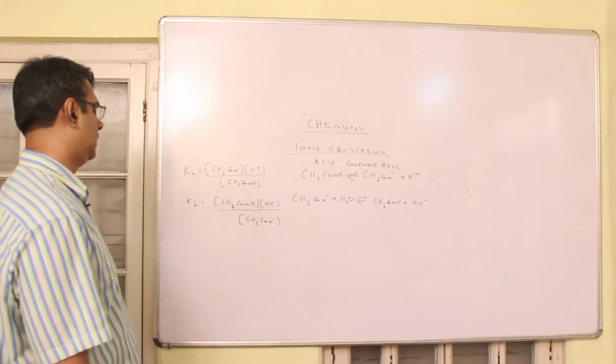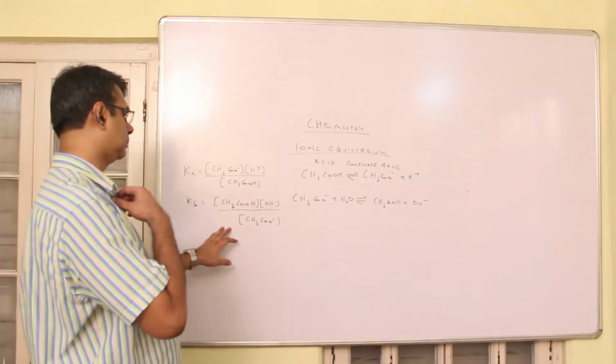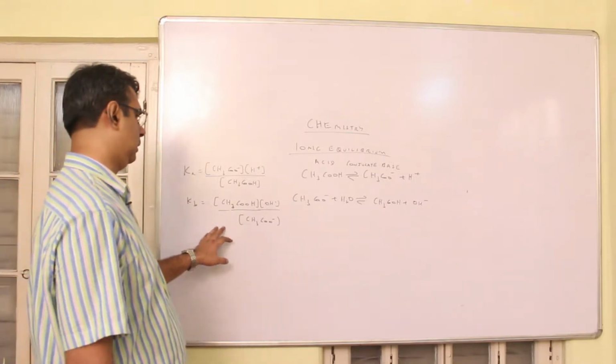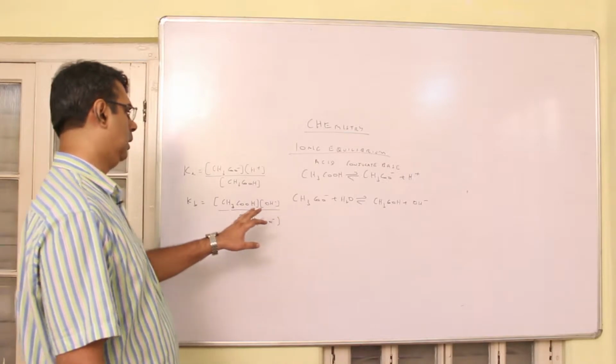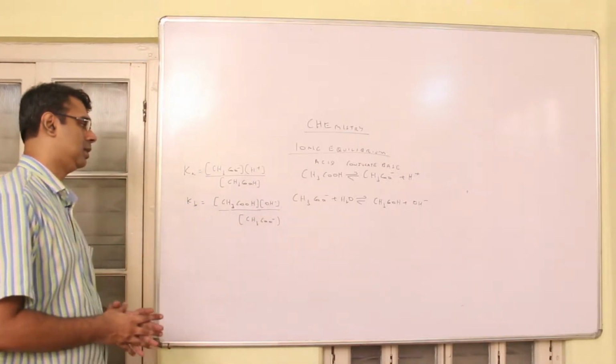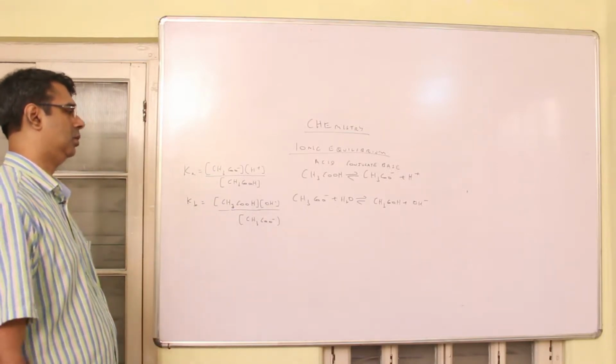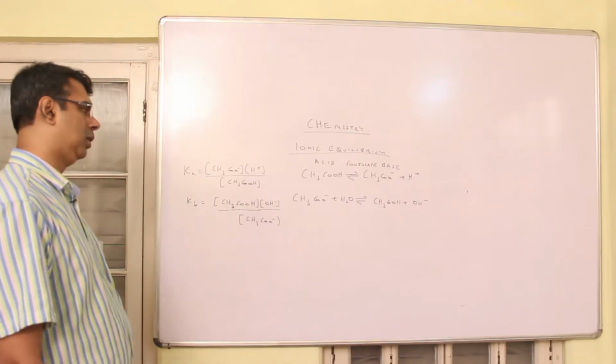Now you will notice one thing, that I have not considered the concentration of water. You see, all these solutions are in water, they are all aqueous solutions, and water is the medium, so it is considered to be in bulk quantity.